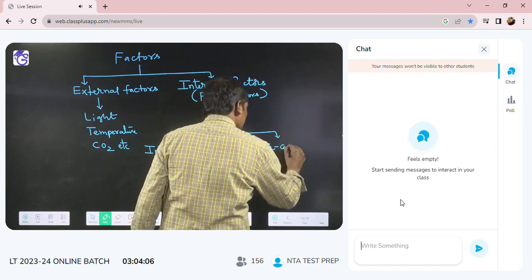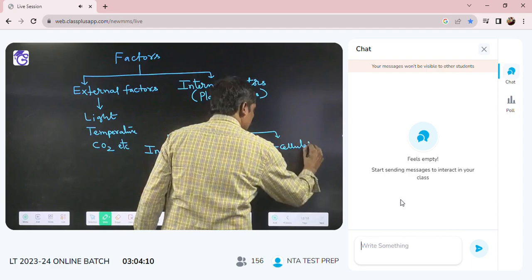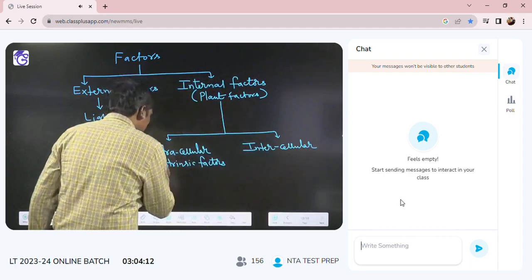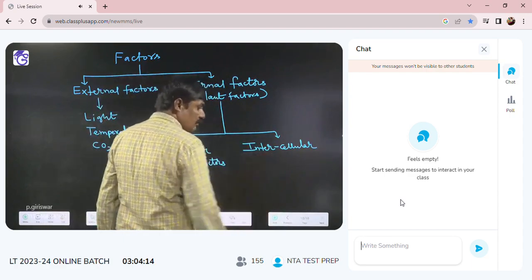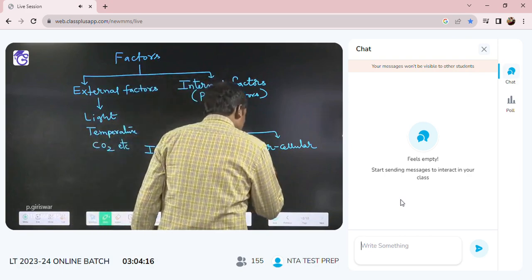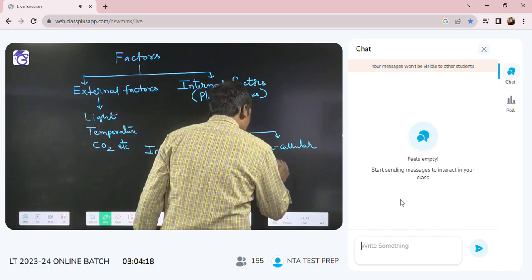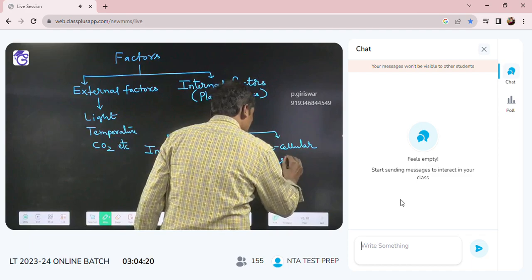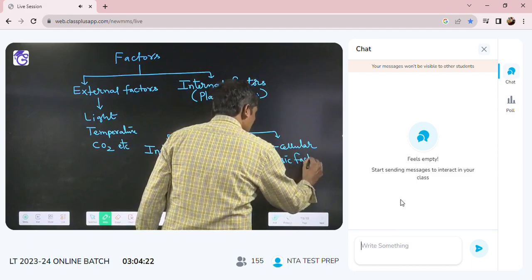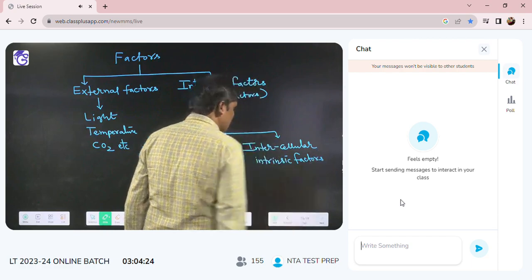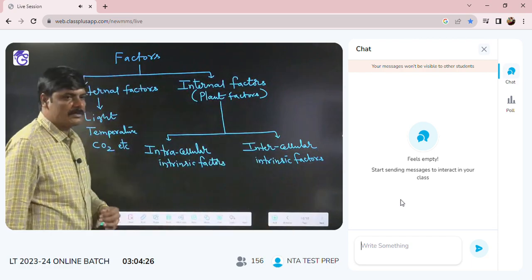Try to underline here: intra, here inter.